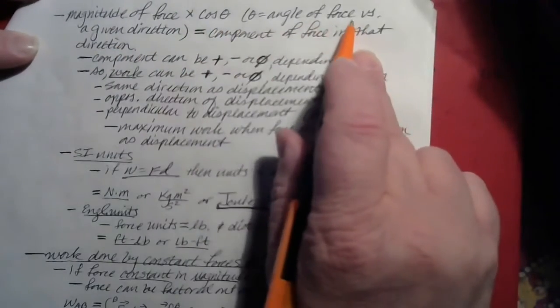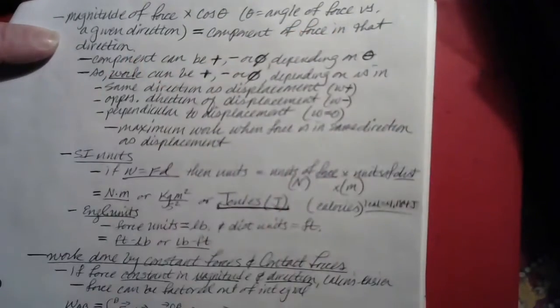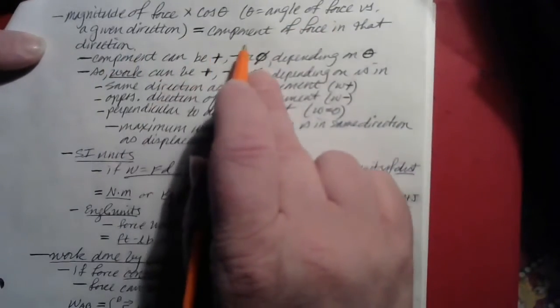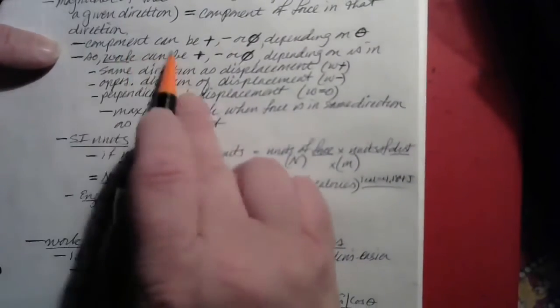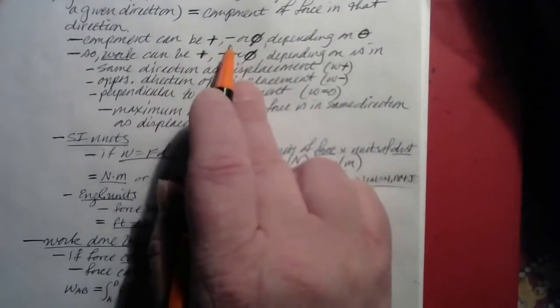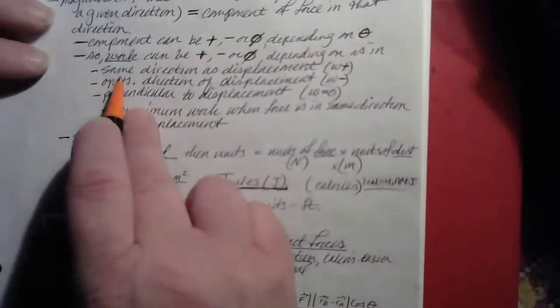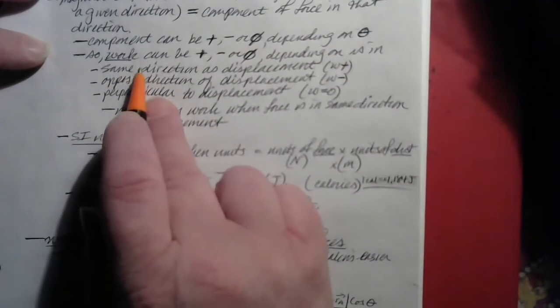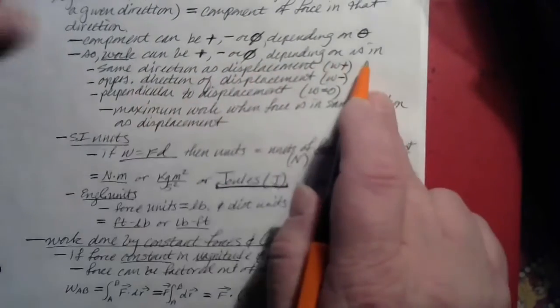The angle is, again, just the angle between the force and the displacement. That's a component of the force in that direction. Each component of the force could be positive or negative or 0, depending on what the angle is. And so because of that, the work can be positive, negative, or 0, depending on several things.